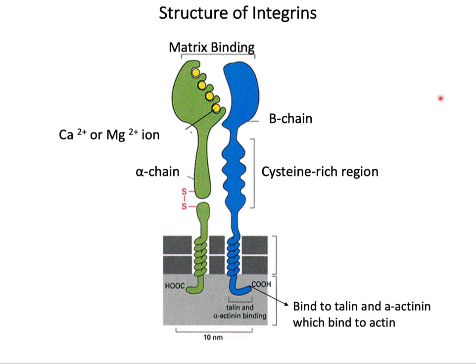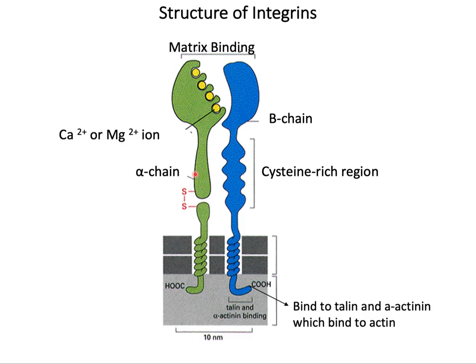Now, integrins are a very large family of proteins, but these proteins all have the same structure. They all have two subunits, an alpha subunit, shown on the left in green, which is a transmembrane protein. The alpha subunit, or the alpha chain, is actually in two parts that are connected by a disulfide bridge.